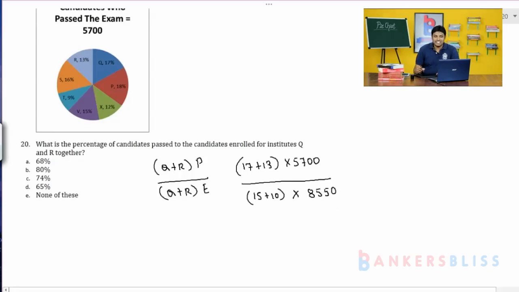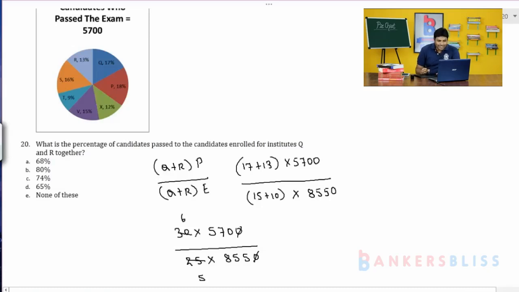So 15% plus 10% has to be done on 8550. 17 plus 13, that is 30. So 30 into 5,700 divided by 25 into 8550. Next, 0 cancels, 5 5s are 25, 5 6s are 30.